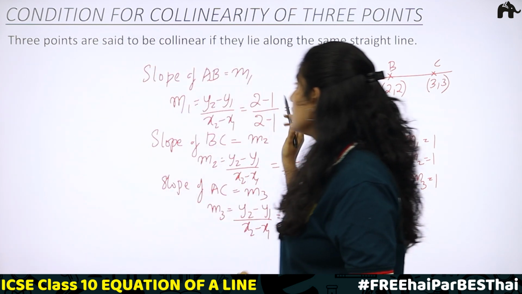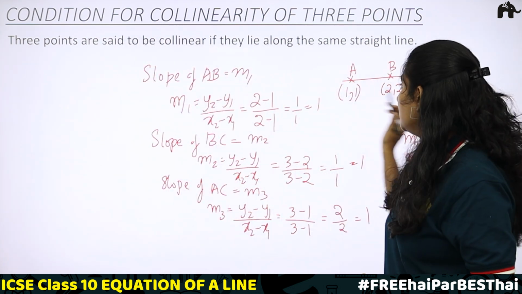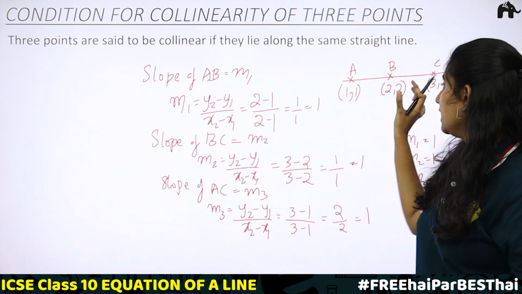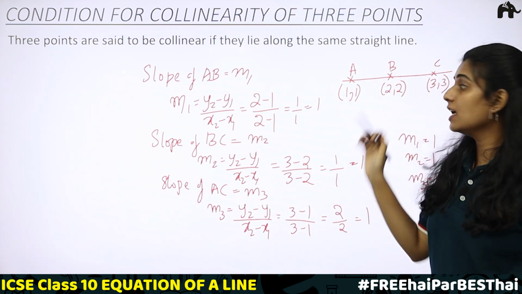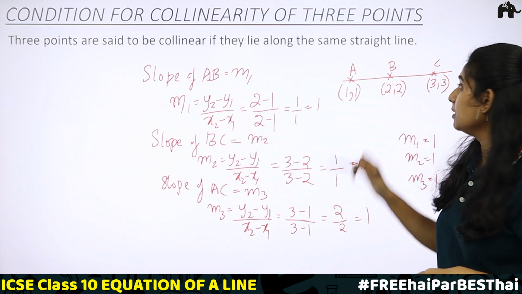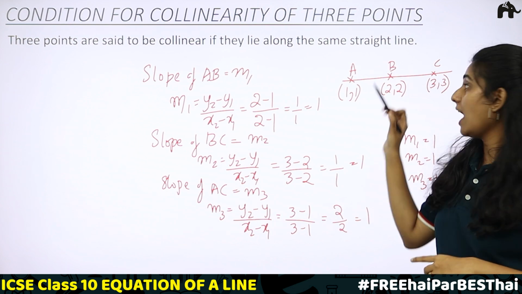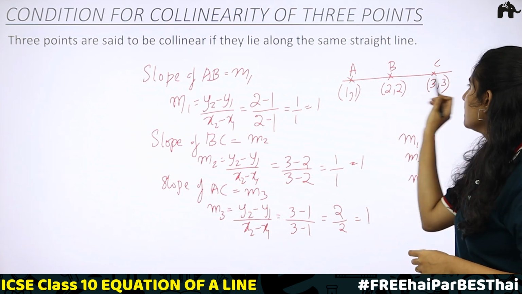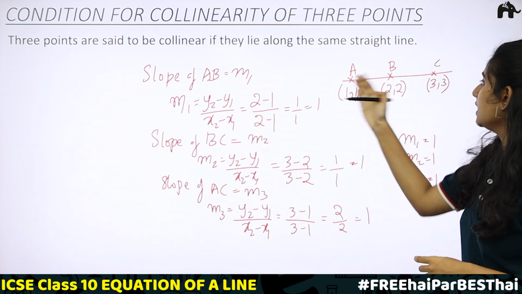So, in the case of collinear points, when you find the slope, since they lie on the same straight line, considering any 2 points, we'll be getting equal slopes. The slope of AB will be equal to the slope of BC, and that will be equal to the slope of AC. It is not necessary that A, B, C are arranged like this. Sometimes B can come here.